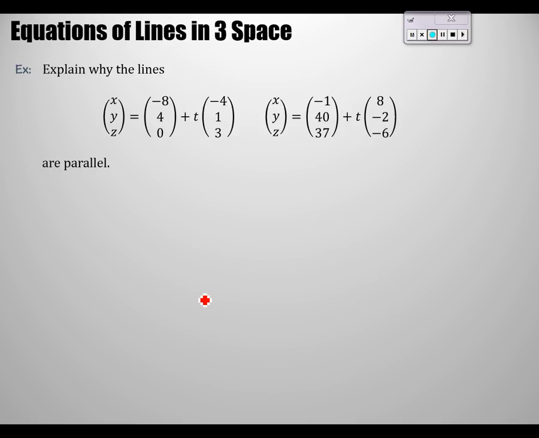Can you explain why these lines are parallel? Dot product. You think you got it still? The one on the right is, they're both a multiple.